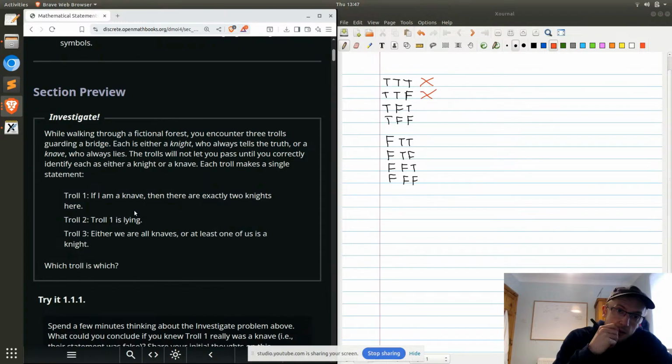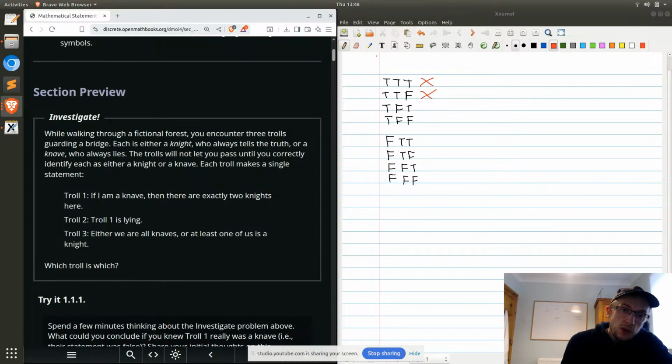Okay, so if troll 2 is saying troll 1 is a knave, that's what he's saying. So troll 2, if he's telling the truth, is literally saying troll 1 must be F. So they can't both be T.